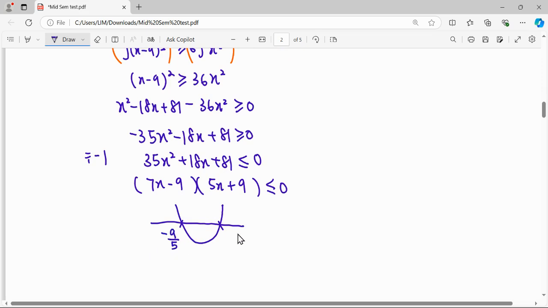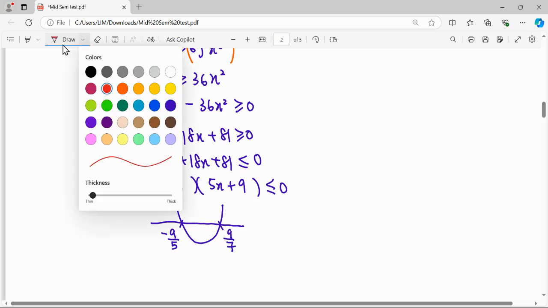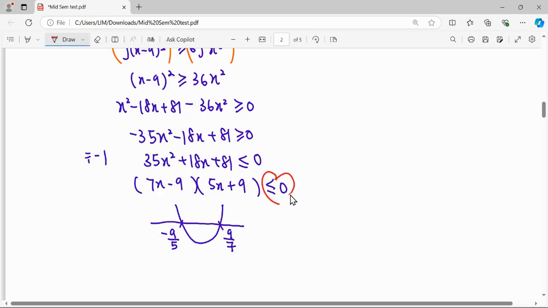So negative 9 over 5 at the left, 9 over 7 at the right. Then to get our answer, we need to shade the region less than 0. That is the region below the x-axis.